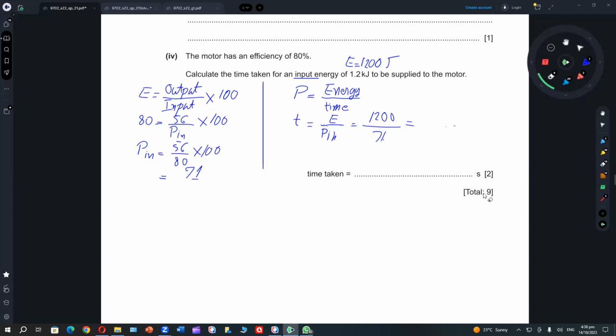Let me know the answer. It's 17. 16.9, so basically 17.